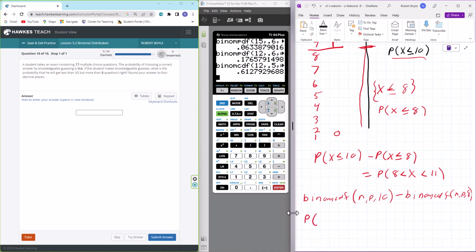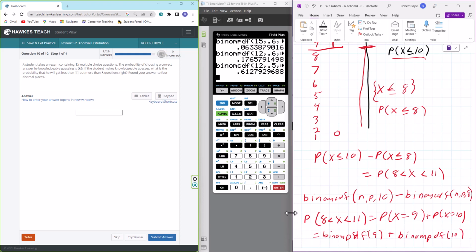The probability of X being strictly greater than 8 and strictly less than 11 is equal to the probability that X is equal to 9 plus the probability that X is equal to 10, which of course is binomial PDF at 9 plus binomial PDF at 10. So they both should give us the exact same answer. Let's go ahead and find out.